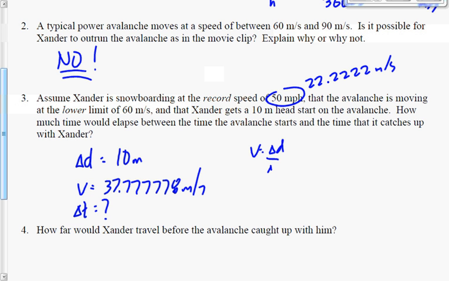We get distance over time. Let's take the t up by multiplying, right? Multiply both sides by t. Oops, that doesn't cancel. Okay, these two t's cancel. I'm left with d is equal to v times t. Now let's take the v down by dividing, okay, both sides.